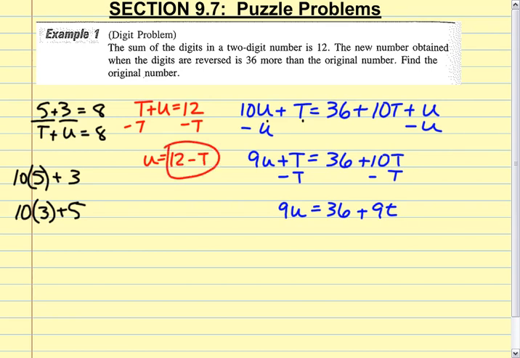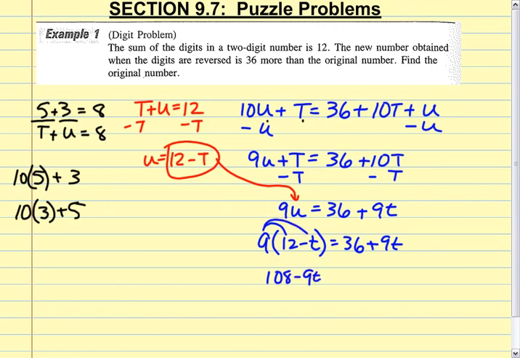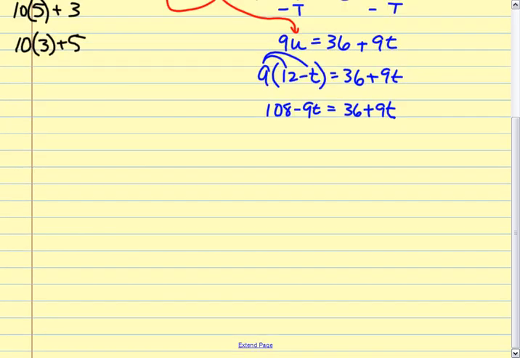Which means I'm going to put this in place of u. Now it's 9 times what u equals, 12 minus t, is equal to 36 plus 9t. All right, 9 times 12, that's 108, minus 9t is equal to 36 plus 9t. Let me scoot down a bit so we can get some room.